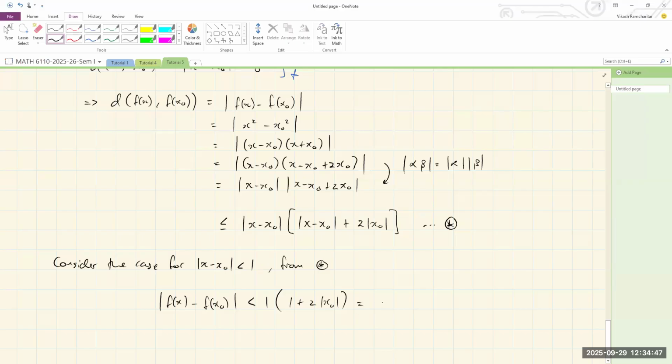Okay, so that's just equal to 1 plus 2 mod x0.